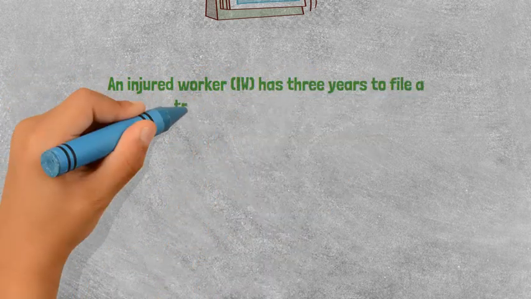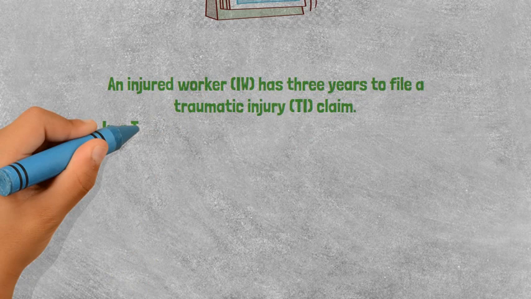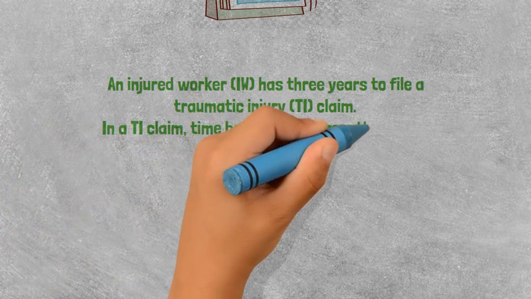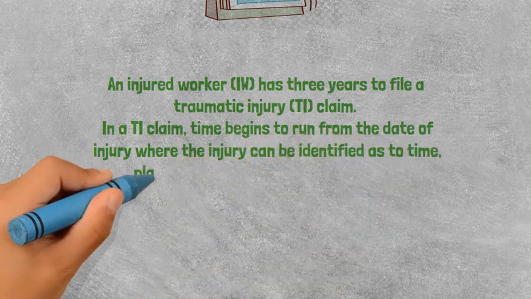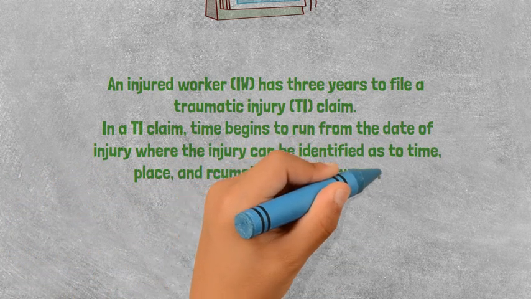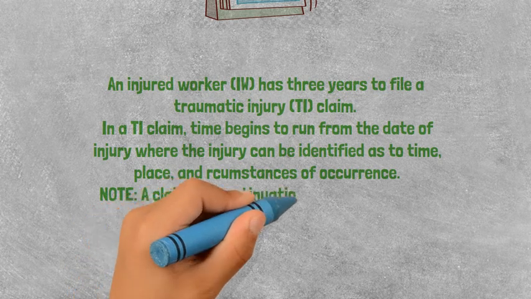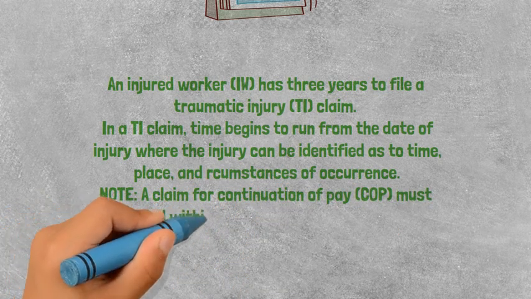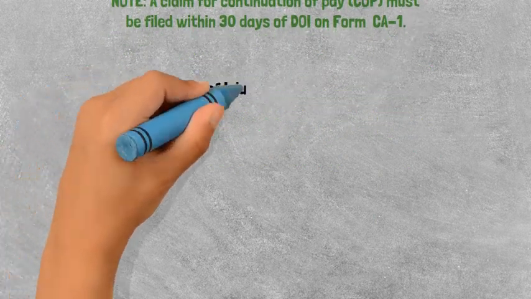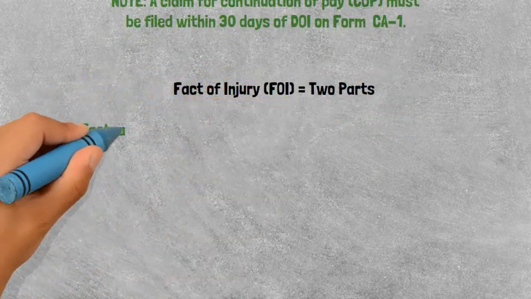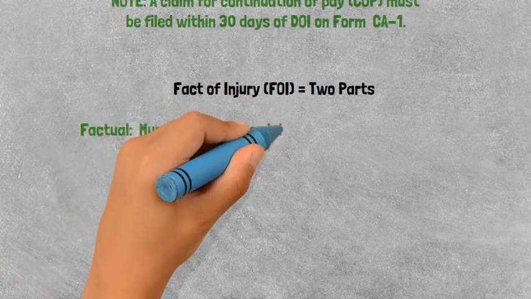Now, an injured worker has 3 years to file a traumatic injury claim. In a traumatic injury claim, time begins to run from the date of injury where the injury can be identified as to time, place, and circumstances of occurrence. Note, a claim for continuation of pay, or COP, must be filed within 30 days of the date of injury on Form CA-1.